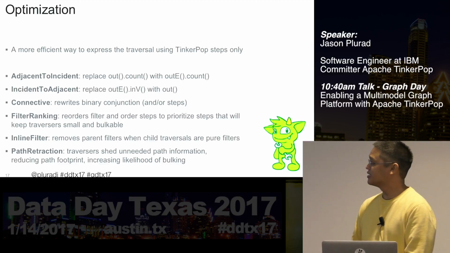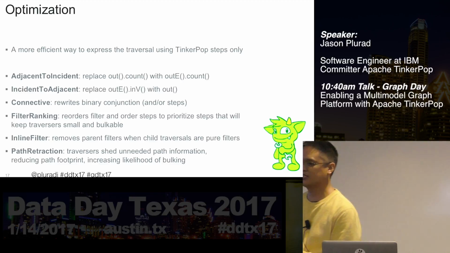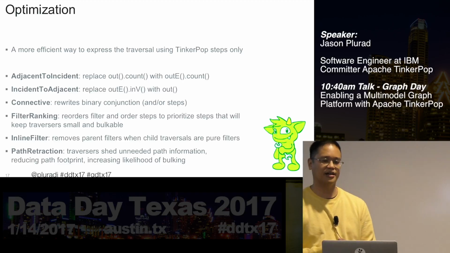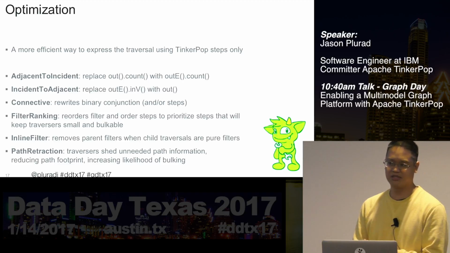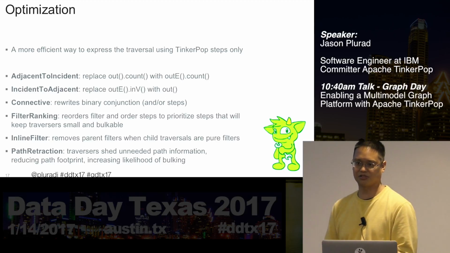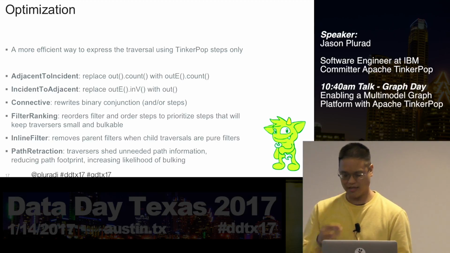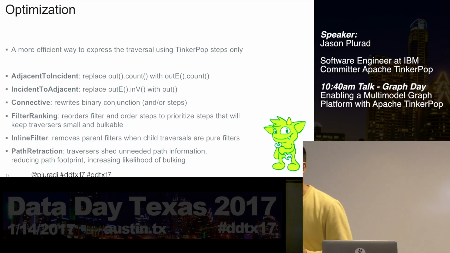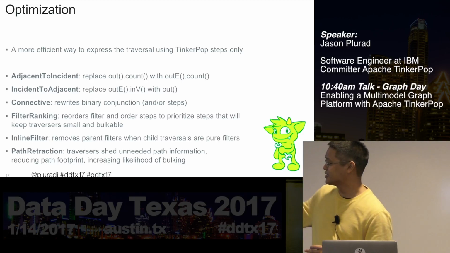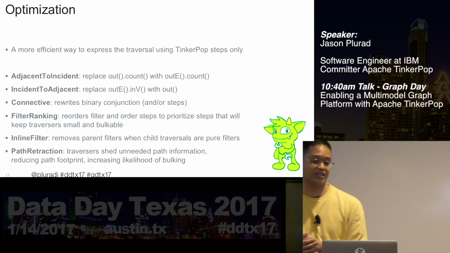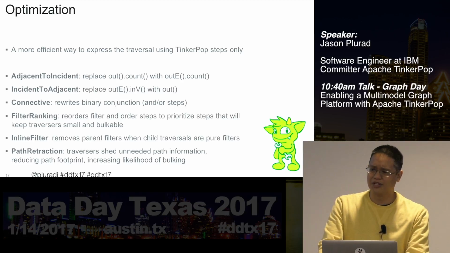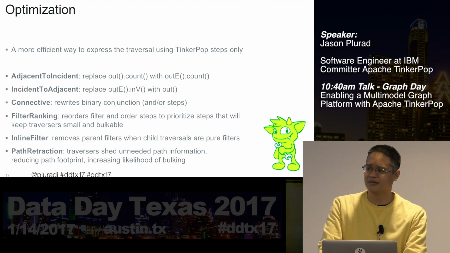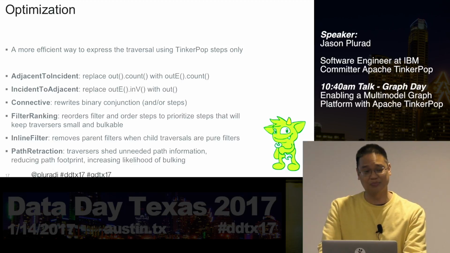Optimizations. So this is how we start to look at how to distill down a Gremlin query into a more succinct description of what it's going to do by only using TinkerPop steps. And this is a subset of what's available, but it starts to make a little more sense when you're using Gremlin, because there's just a variety of ways to describe the same exact traversal in Gremlin, which is good and bad.